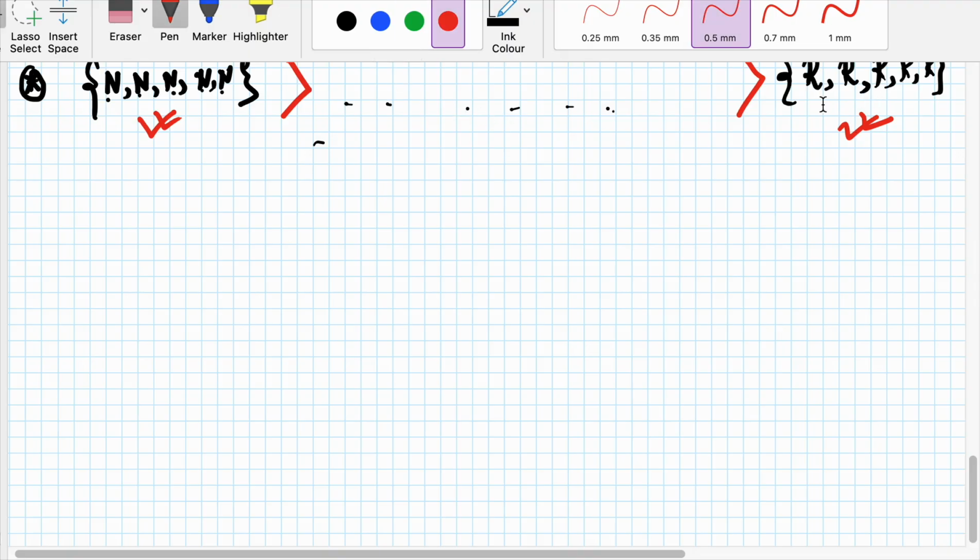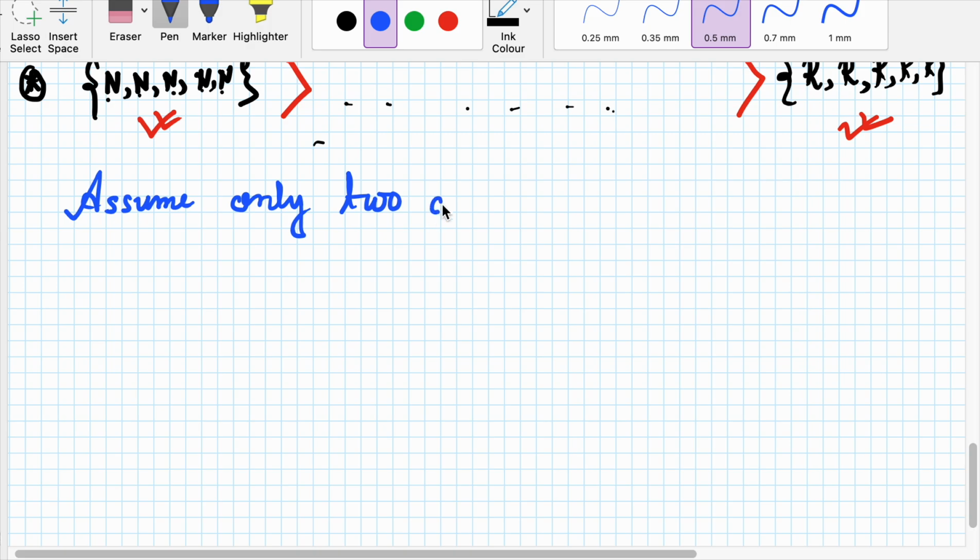For simplicity, let us assume that only two ants are taking the food to the nest.